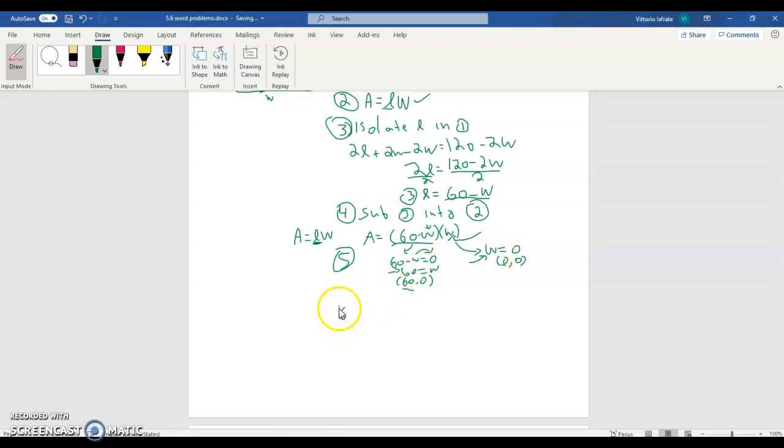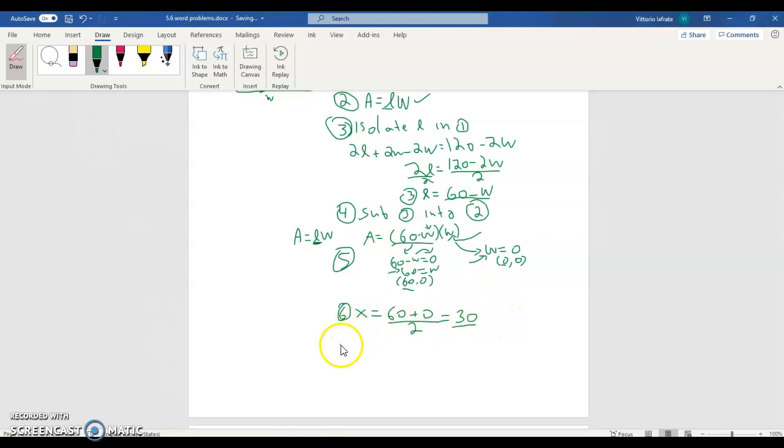So let's do that. We know that to find your vertex, we're going to do the axis of symmetry, which is x is equal to 60 plus 0, and since we're looking for the middle point, it's divided by 2. So that's going to be equal to 30. So this is the x value of our axis of symmetry and therefore of our vertex.